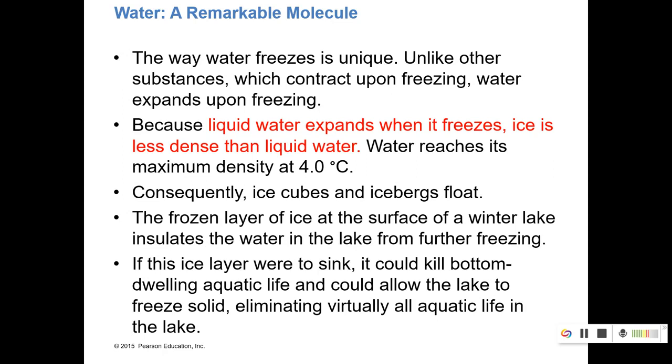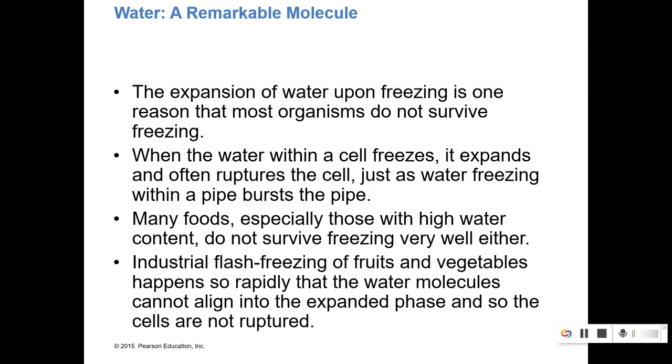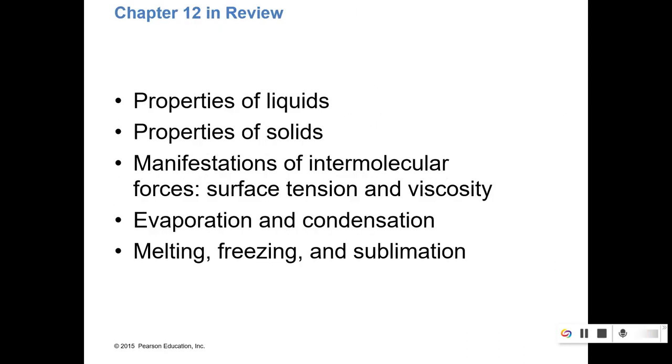So ice is less dense than water. We did talk about that in part 1, which is why ice floats in water. That's why icebergs float. That's also why fish are able to live when the lake is frozen, because the whole lake is not frozen, only the surface of the lake is frozen. So the fish are able to live during that.